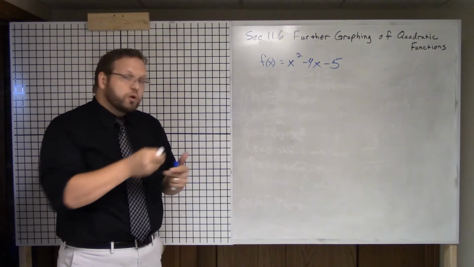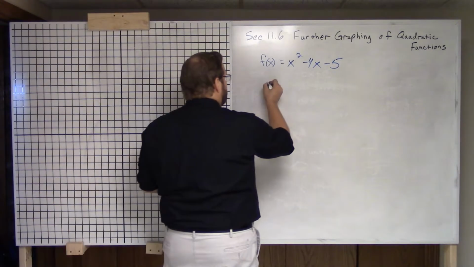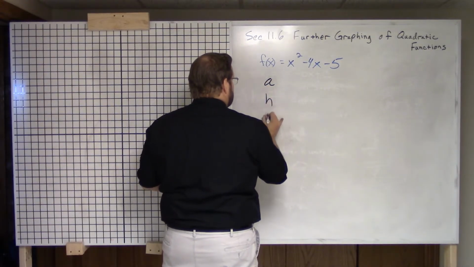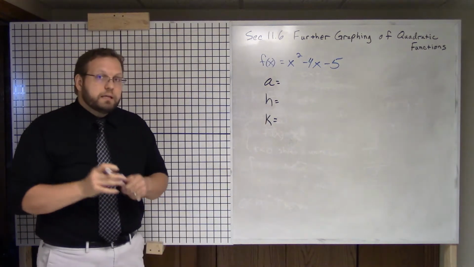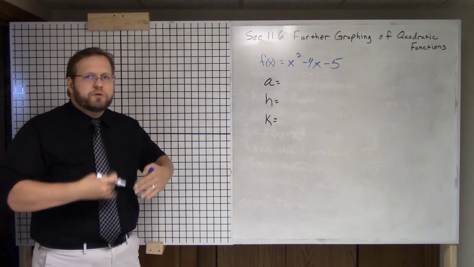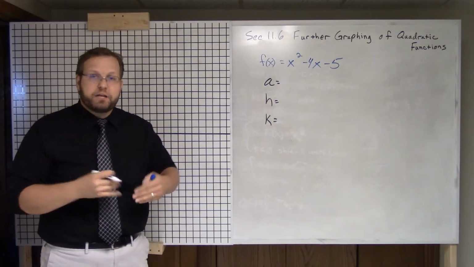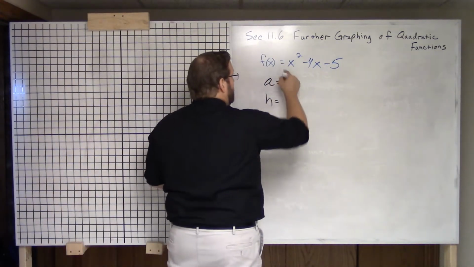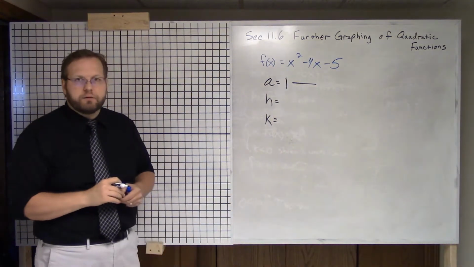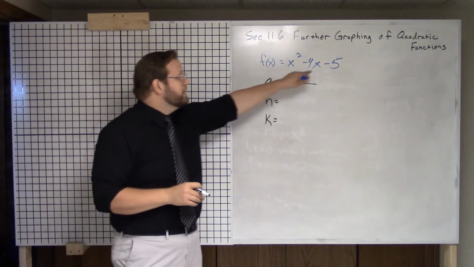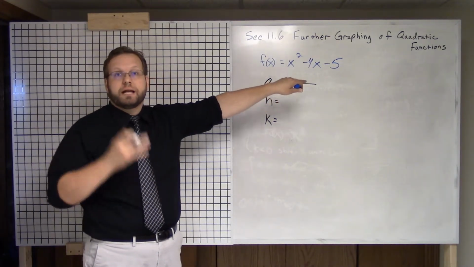When we're graphing, we still want to be able to identify the a, h, and k. The a value is always that first number you see, no matter what format you're in. So the a value is 1, and just like before, no change. That's not going to do anything to our graph. Now the h and k are not just looking at us in the graph, so we have to calculate them.